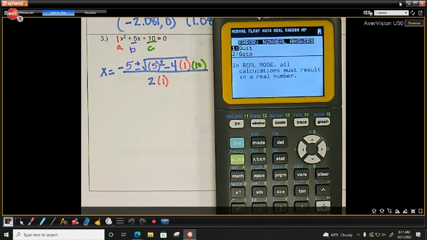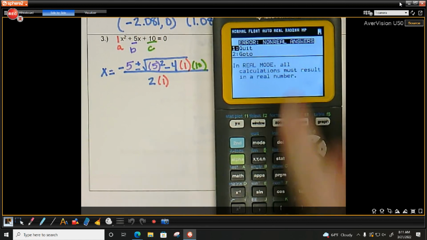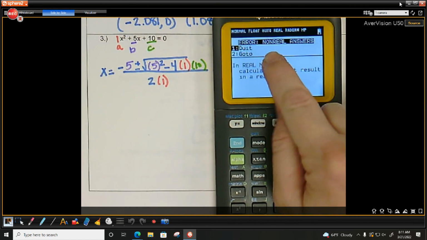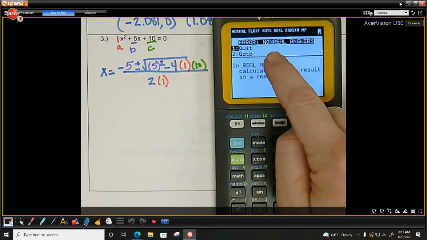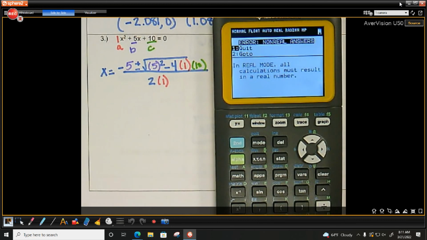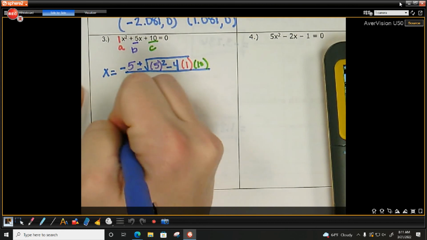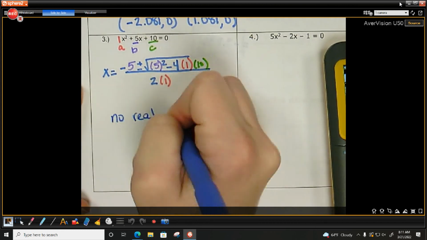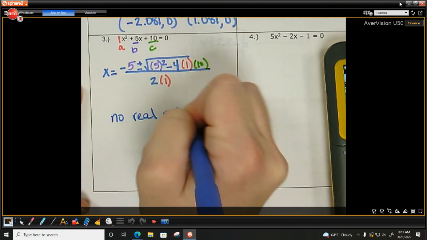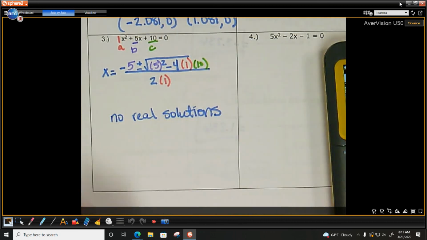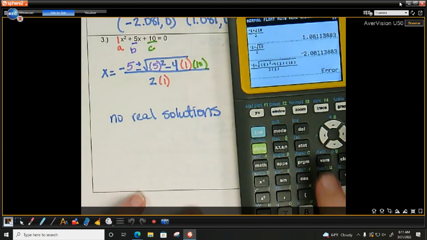Non-real answers. When you type it in, it says non-real answers. What do you think that means? No real solutions. And let's see why. 5 squared minus 4 times 1 times 10.